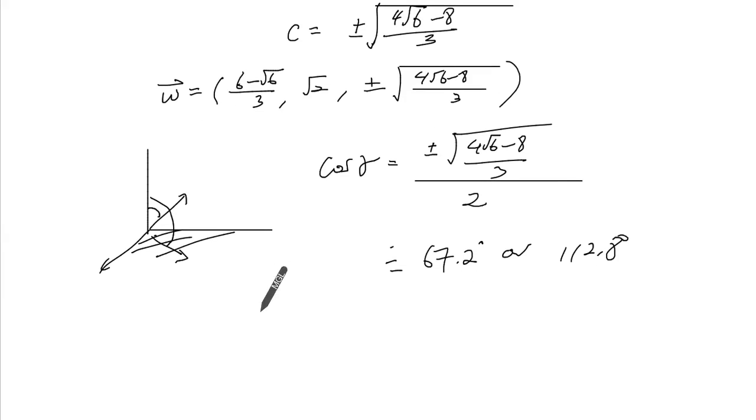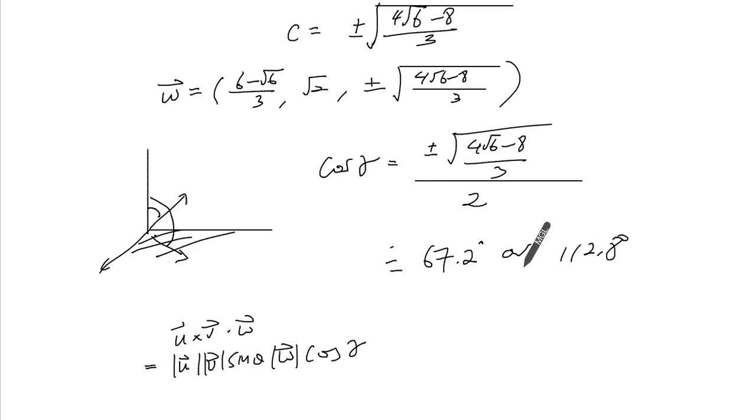Okay, so we're in a position to do u cross v dot w. So this is the same as the magnitude of u, magnitude of v, sine of theta, magnitude of w, cosine of this gamma. Actually, I didn't even really need this. I could just use this here to directly plug in to represent the answer in exact values.